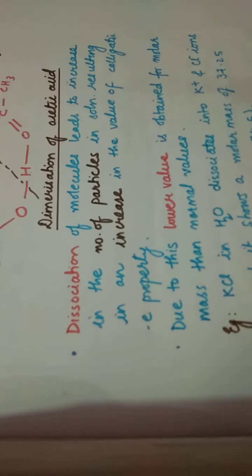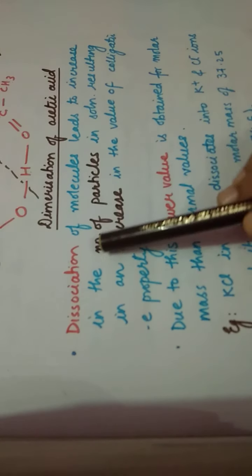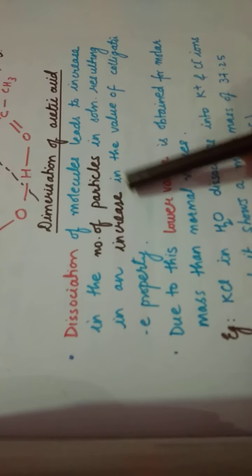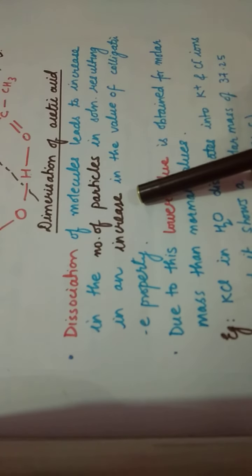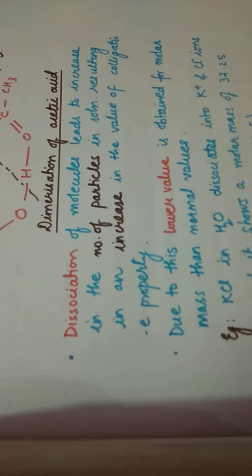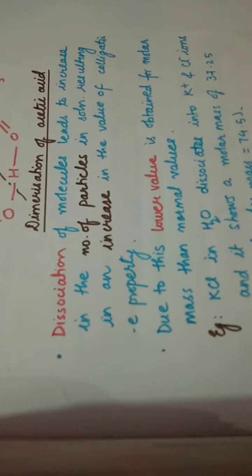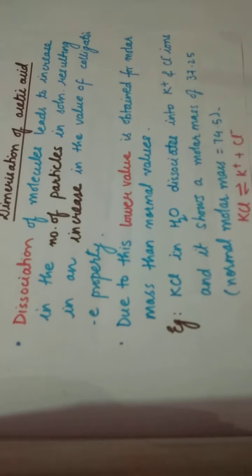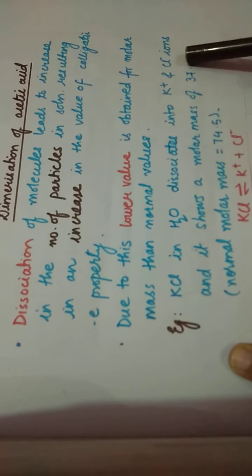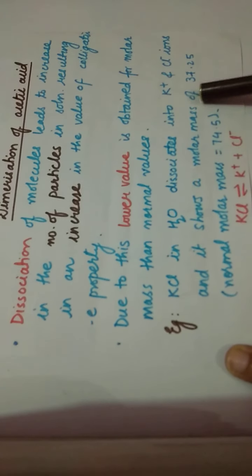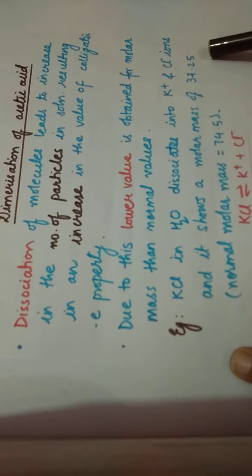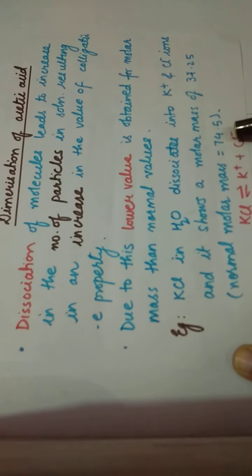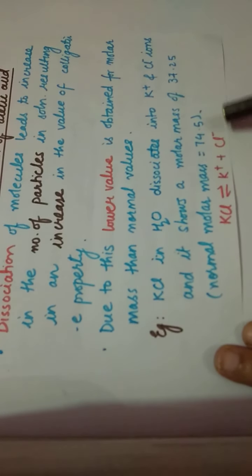Next, this I have explained to you. Dissociation. In case of dissociation, the number of particles increases, colligative property increases. When colligative property increases, molar mass decreases, as colligative property is inversely proportional to molar mass. So the molar mass that you will obtain after dissociation will be less as compared to the normal molar mass. So KCl in water will dissociate into K positive and Cl negative ions and will show a molar mass of 37.25, and the normal molar mass of KCl, children, is 74.5 gram.